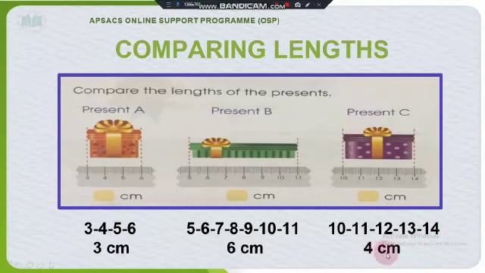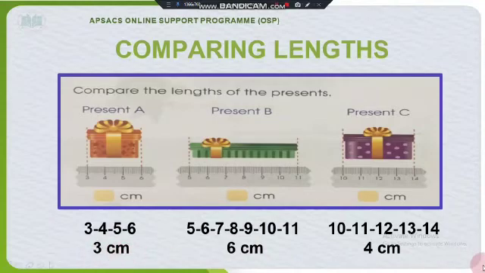So present C is 4 centimeter long. Now can you tell me which is the longest present? Very good. Present B is the longest present because it is 6 centimeter long. And which is the shortest? Very good. Present A is the shortest because it is 3 centimeter long.